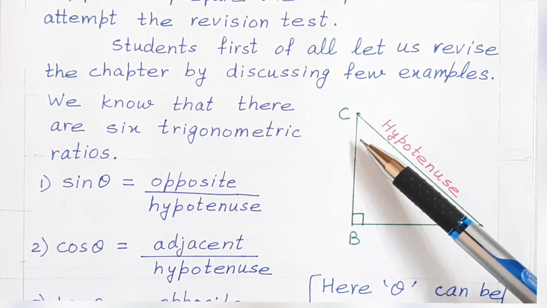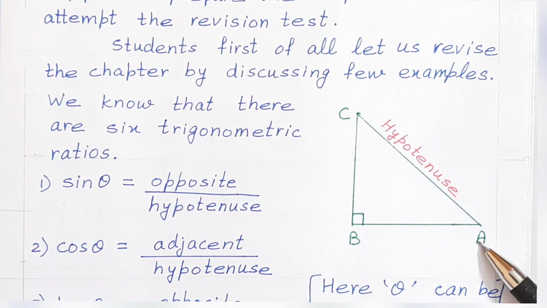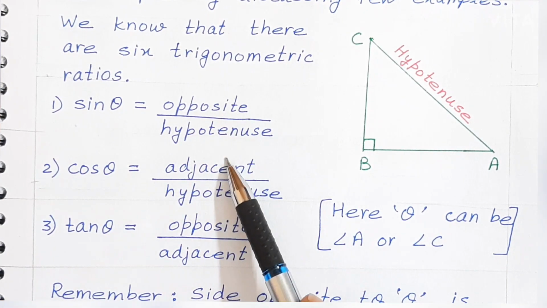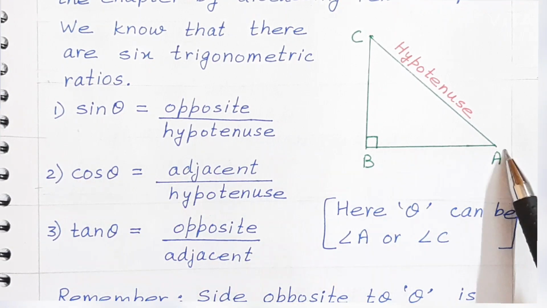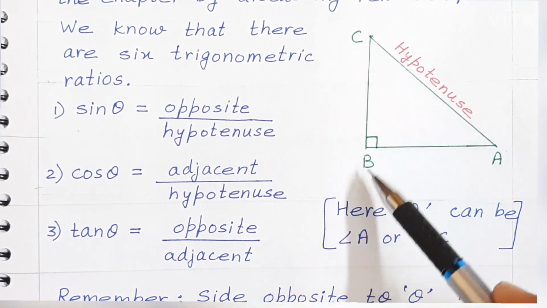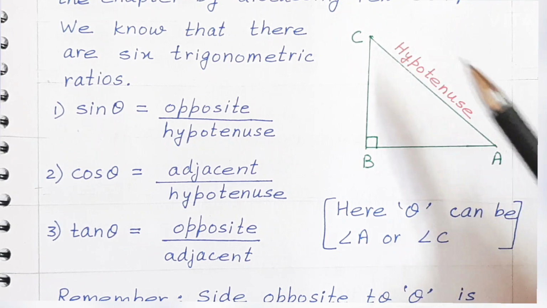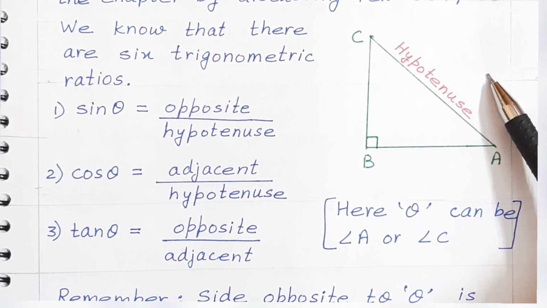Similarly, the side opposite to angle C is AB. So here sine theta is opposite upon hypotenuse. That means sine A is BC upon hypotenuse and sine C is AB upon hypotenuse. Clear?